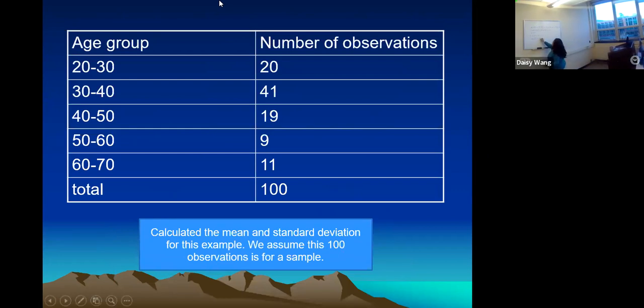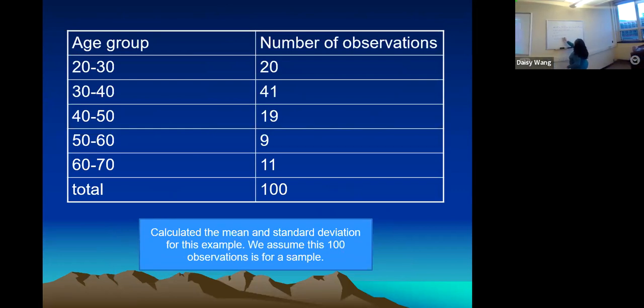And then 35 minus 40 squared times 41, plus 45 minus 40 squared times 19, plus 55 minus 40 squared times 9, and then plus 65 minus 40 squared times 11. When we add it up, it will be what?